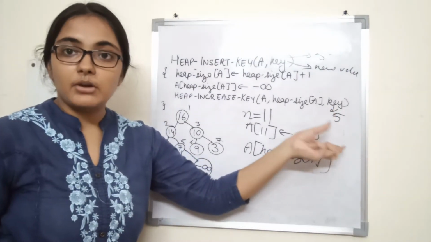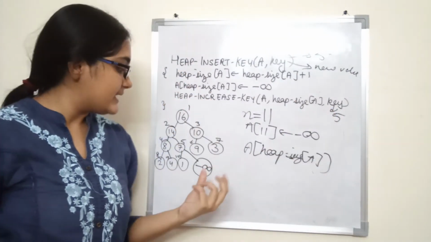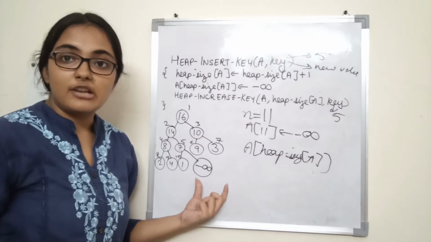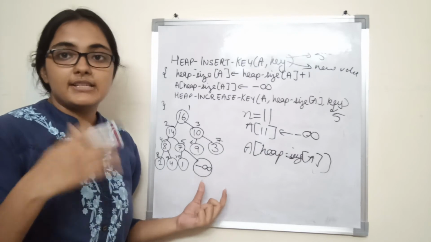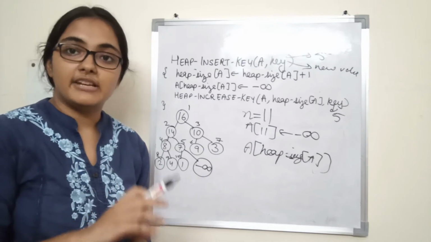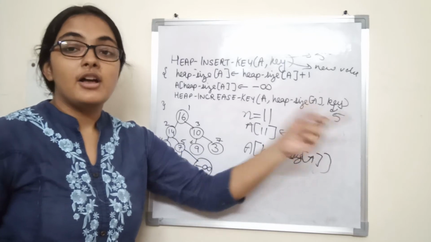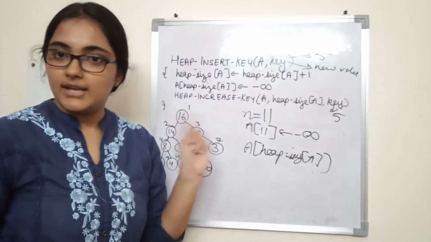Why will it work? It will work because we have already assigned the smallest possible value here, so every value will be greater than this. What is 5? 5 is the value which we wanted to insert in the heap.